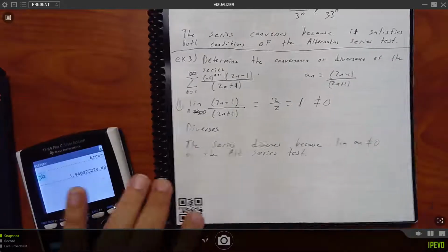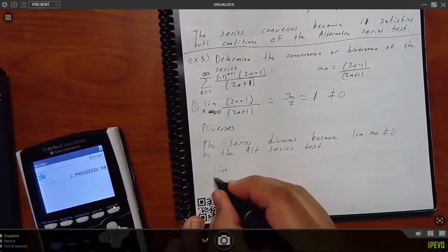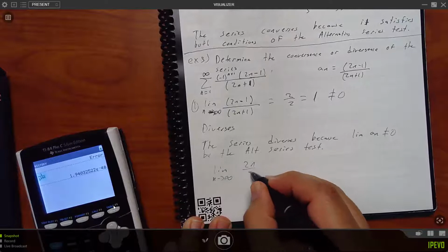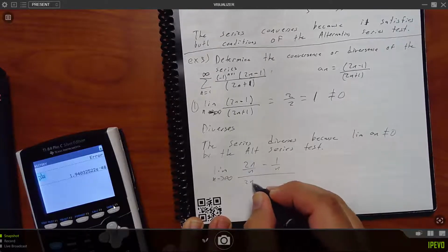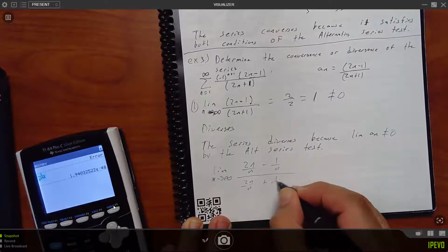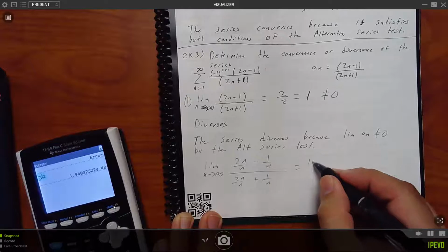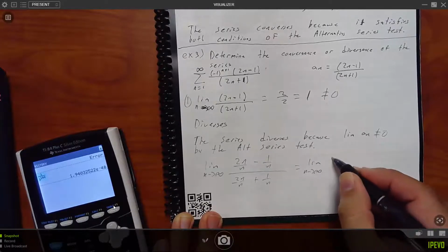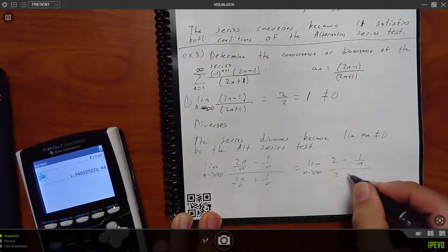I think in Cal 1, we showed our work by dividing each one by the highest power. Do you remember? And then we ended up with 2 minus 1 over n over 2 plus 1 over n.